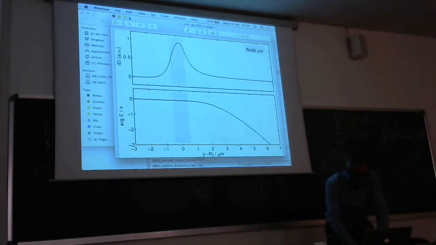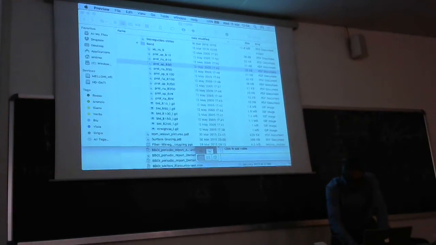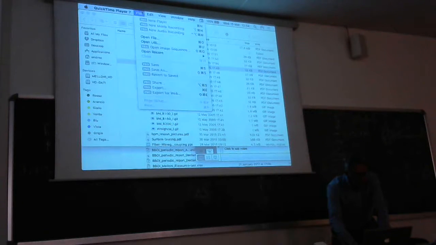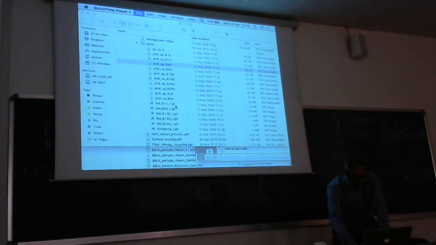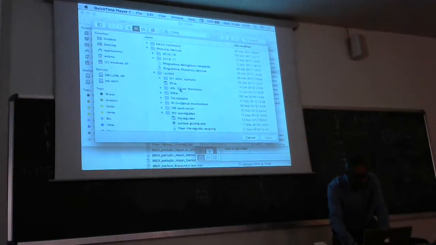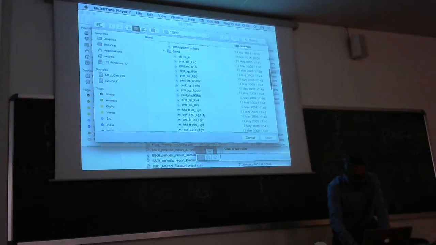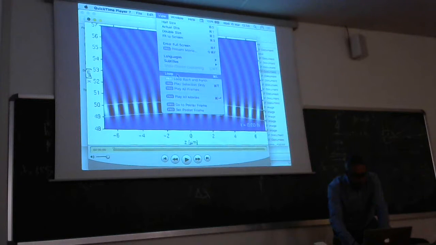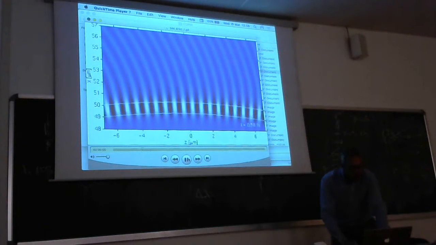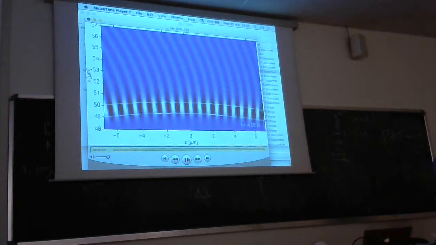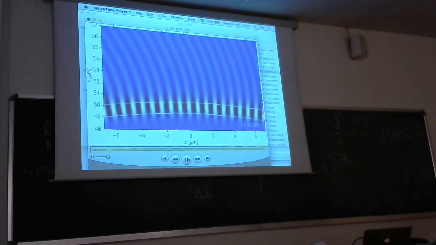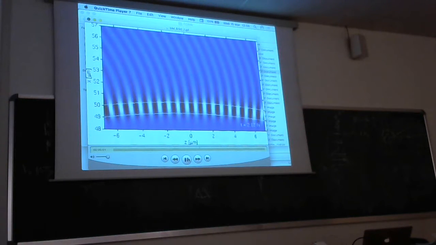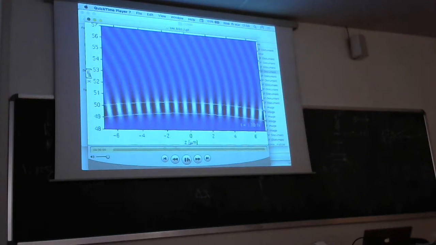I want to show you the movie of this case. It's 50 micron. And this effect is evident, really evident. You enter from here, you get out from here, so it is useful.